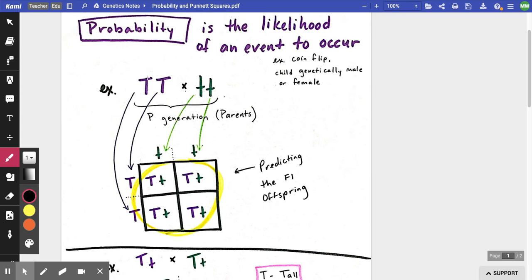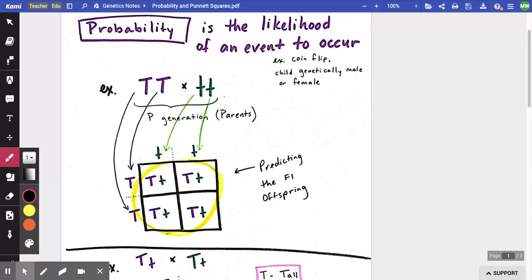So in the example here, we have these letters, and these letters represent the alleles of the parents, or the P generation. So this is parent 1 in purple and parent 2 in green. Notice that parent 1 is capital T, and parent 2 is lowercase t, lowercase t.